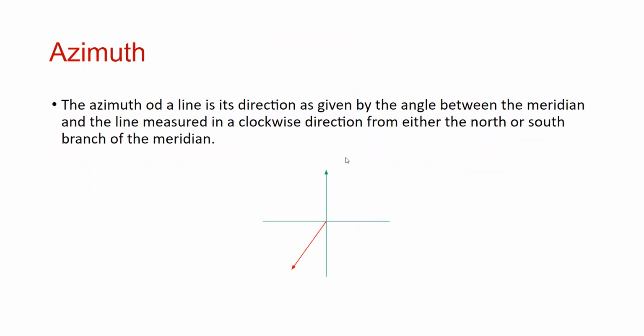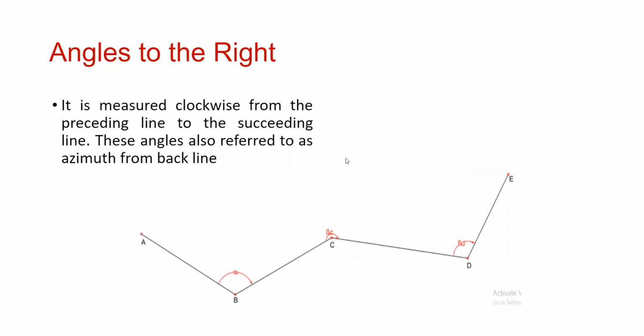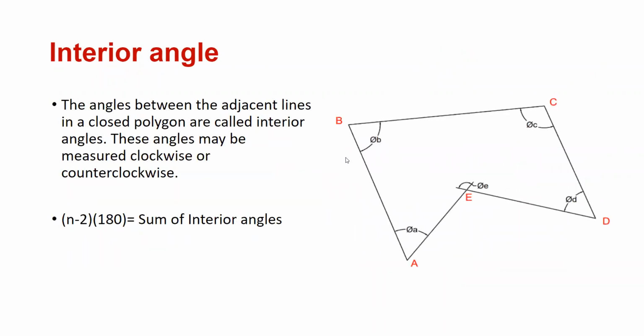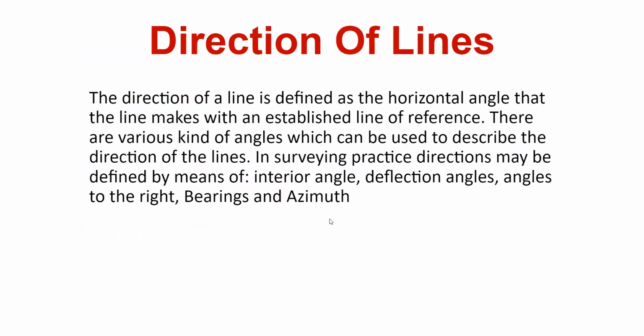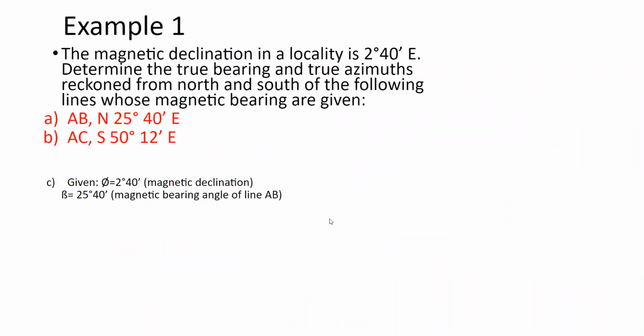As I have mentioned last meeting, kaya kailangan natin i-discuss yung mga direction of line natin like interior angles, deflection angles, and yung mga bearing and azimuth to be able to answer this example number 1 in the magnetic declination.